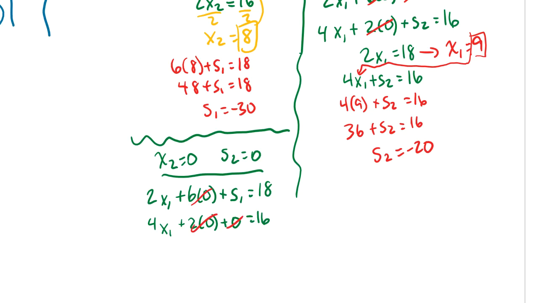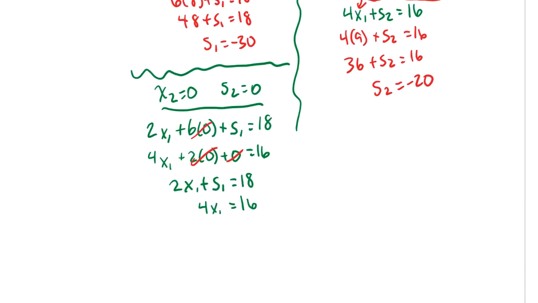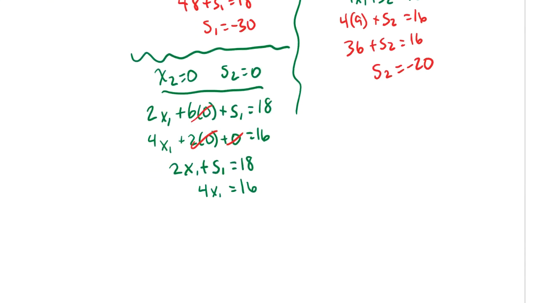Cancel, cancel, cancel. That leaves us with 2x1 plus s1 equals 18, and 4x1 equals 16. We can divide both sides by 4 on that bottom one, and we get x1 equal to 4.